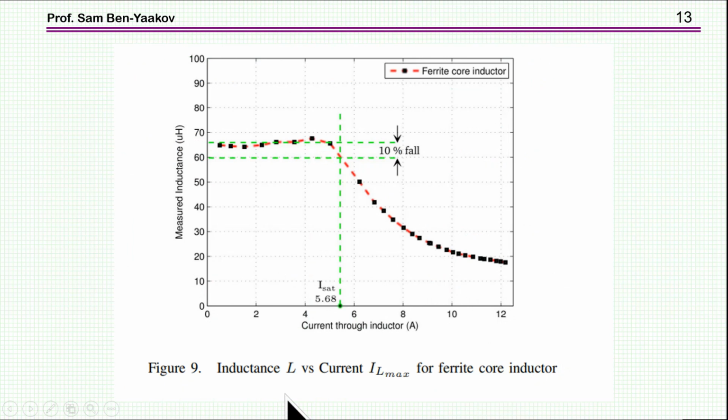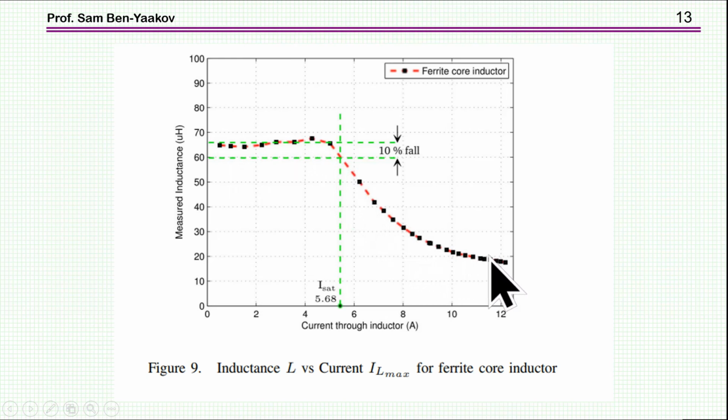And here is an example of one of the results that they got using this measurement setup for a given inductor, a ferrite-based inductor. As you can see, it's really behaving as we would expect. At the very beginning, we have sort of a linear inductance. Then as we approach the saturation region and the curvature is increasing, the energy-related inductance is going down.